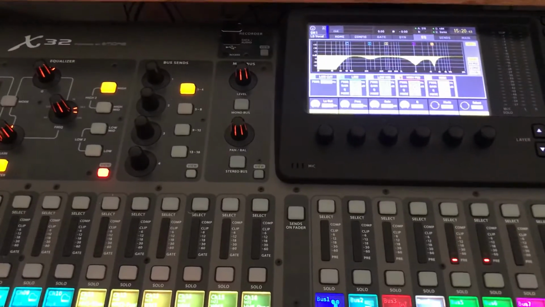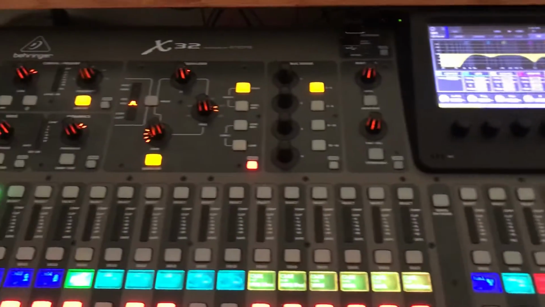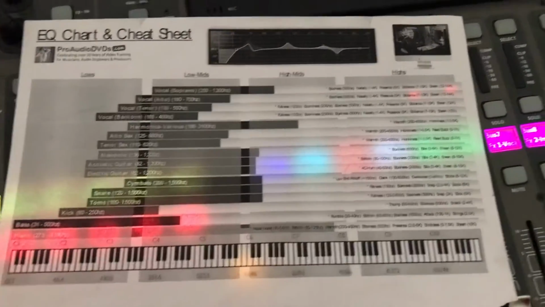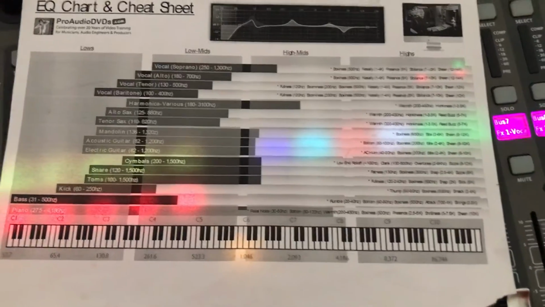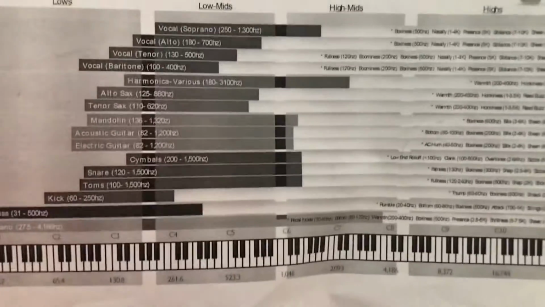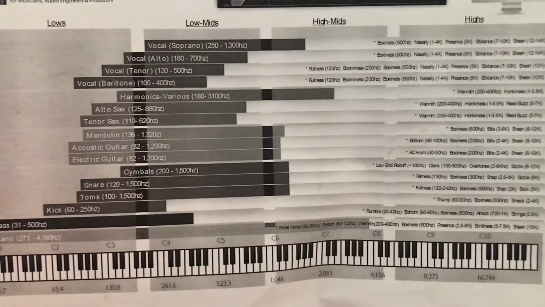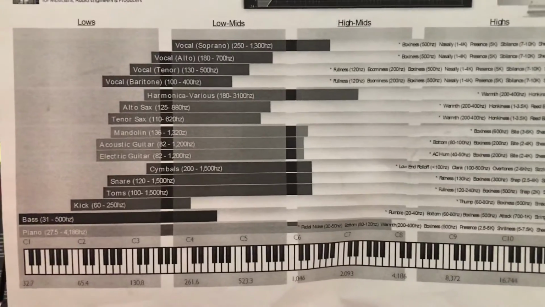Again, just for your own reference, usually under the board we keep this handy dandy sheet of paper. It's just an EQ cheat sheet. It tells you at which frequency some of these different instruments live and where they are primarily located on the sound spectrum.